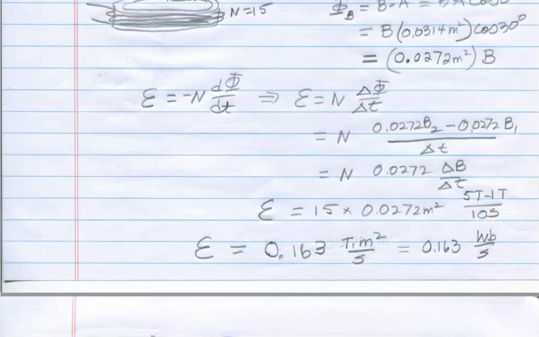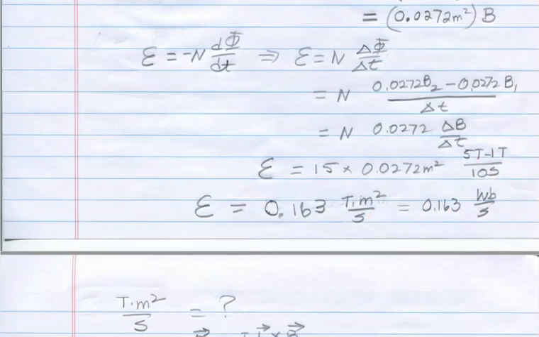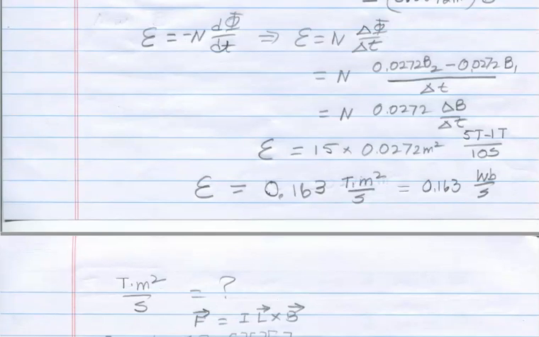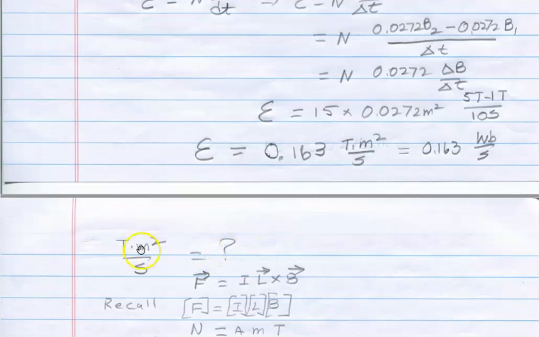But what is that? So how do we relate these two? Let's look at what is a Tesla meter squared per second. Well, first I need to remember what a Tesla is, and I never remember what a Tesla is in terms of more fundamental things that I do remember. But I do know that, like for a straight wire, one has a force is equal to I L vector cross B, and I could have chosen some other expressions here, but this is one that's just quick and easy to do.